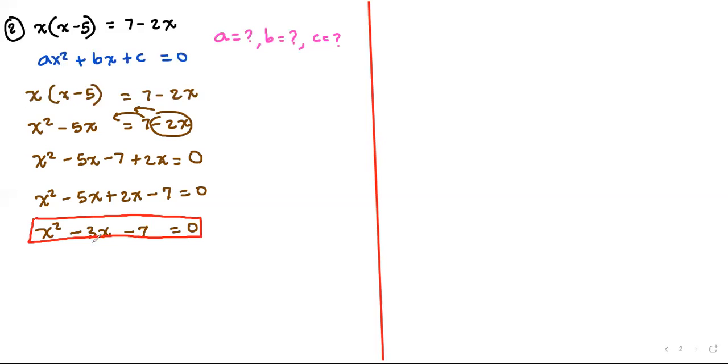So with this, we can know what is A, what is B, and what is C. According to this, A is 1, B is -3, and C is -7. Do you understand that?